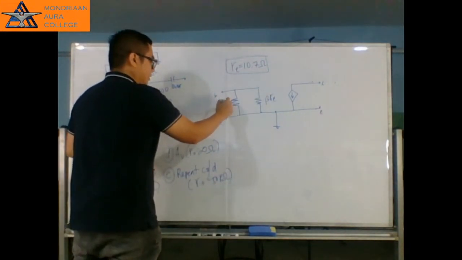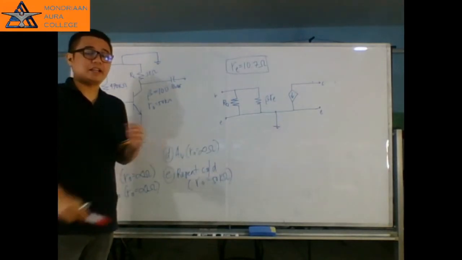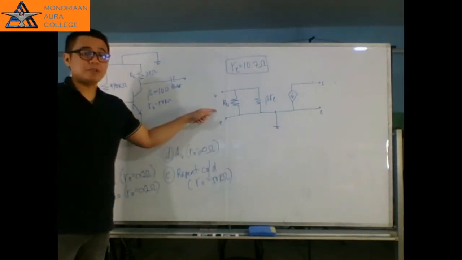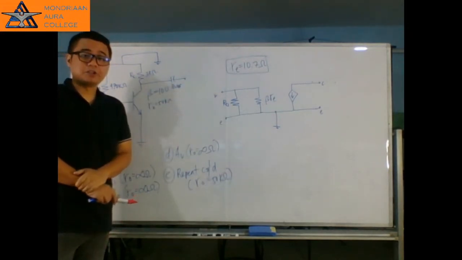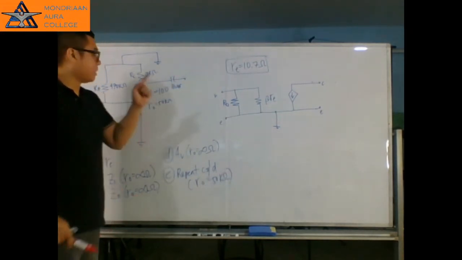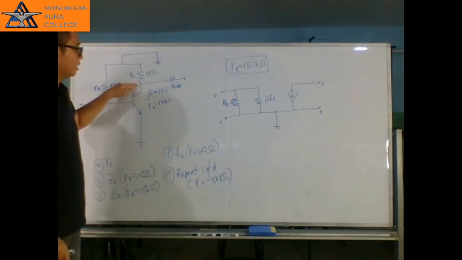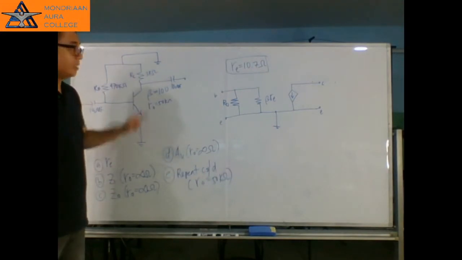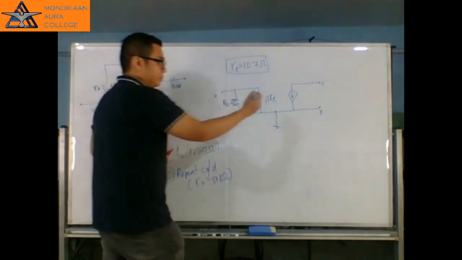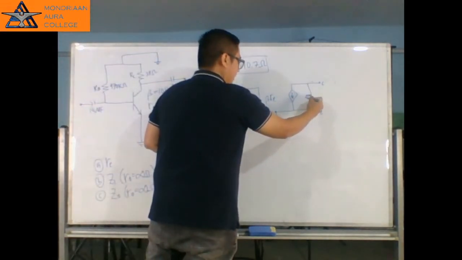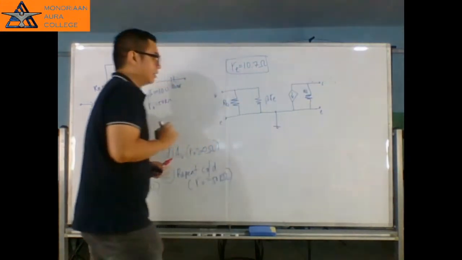So this is your R sub B. Kasi nga, since yung VCC ay kinonect natin sa ground, yung ating R sub B will be placed in between the base and emitter terminals ngayon. But what about for R sub C? Ganun din. It's between the collector terminal and the ground. E di ba yung ground nga natin konektado sa emitter. Therefore, for the output side, magkakaroon tayo ngayon dito ng R sub C sa pagitan ng collector at ng ground.